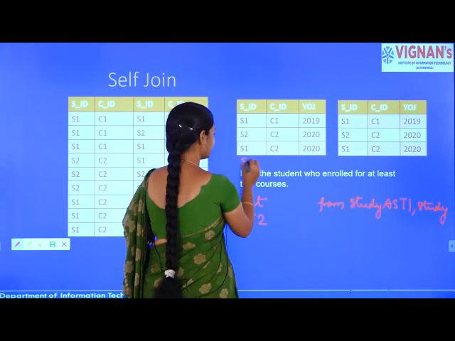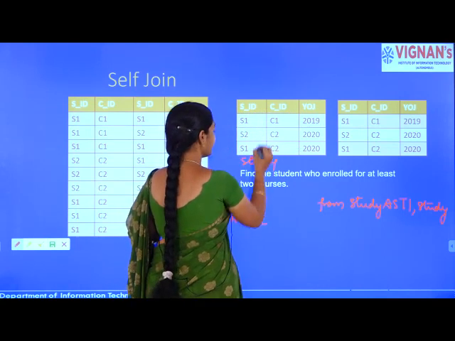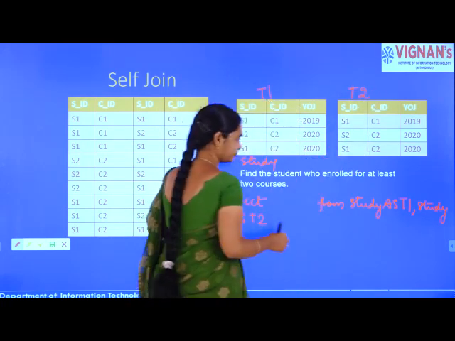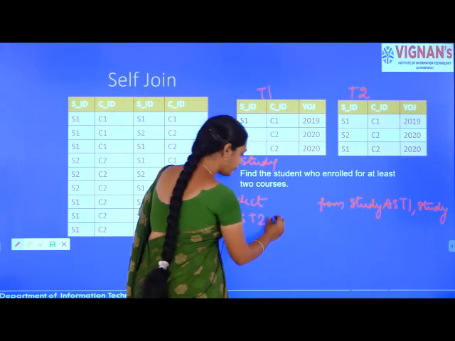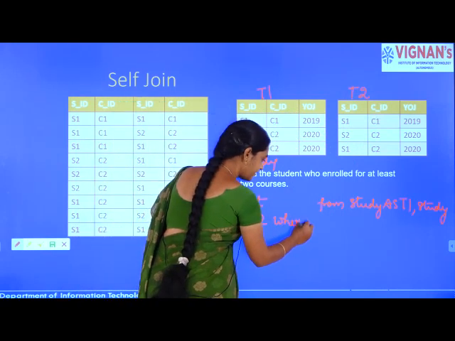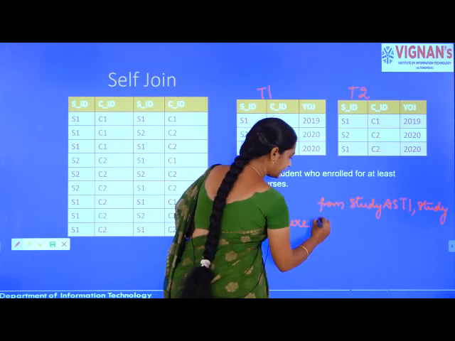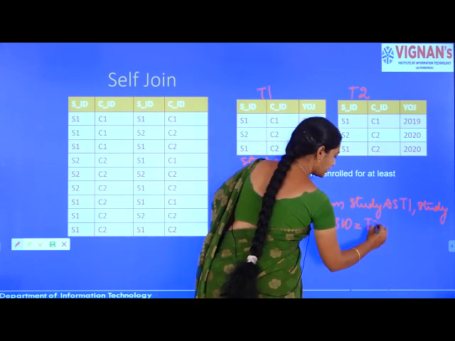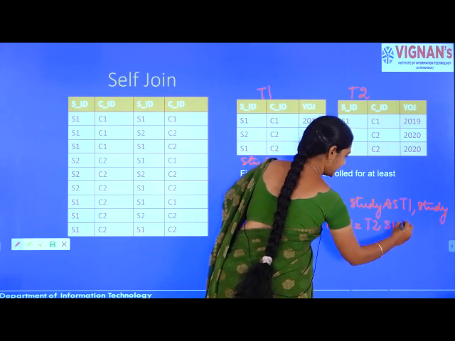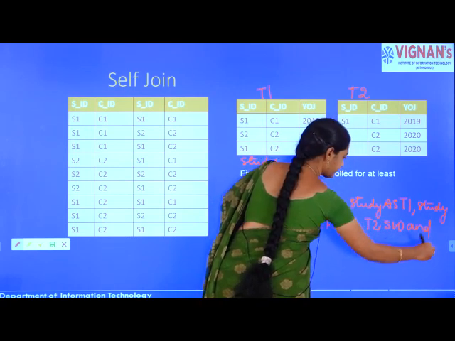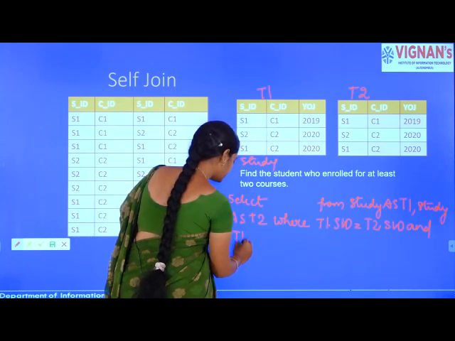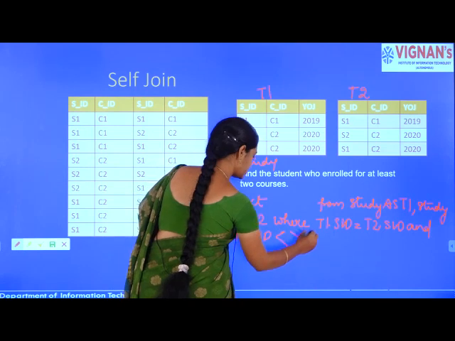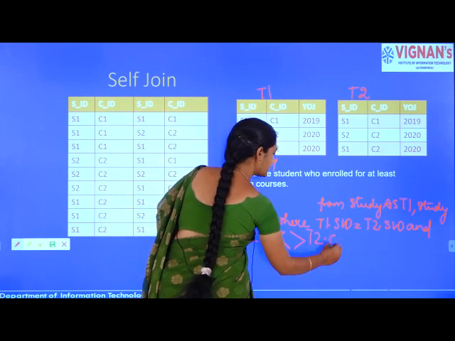I have the relation study where I am creating alias names T1 and T2. What is the where condition here? Where T1 dot SID should be equal to T2 dot SID, and T1 dot CID should not be equal to T2 dot CID.